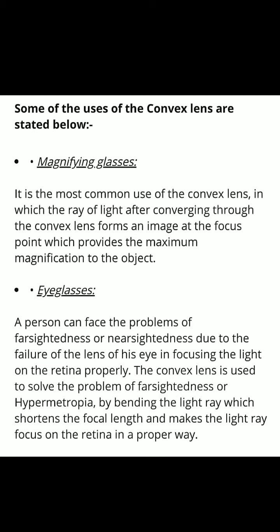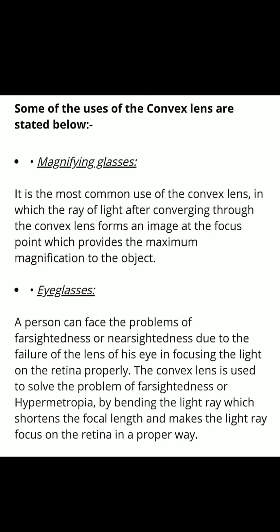In the next chapter on the human eye, we will also study hypermetropia in detail. A person who has farsightedness, or hypermetropia, cannot see a nearer object clearly.